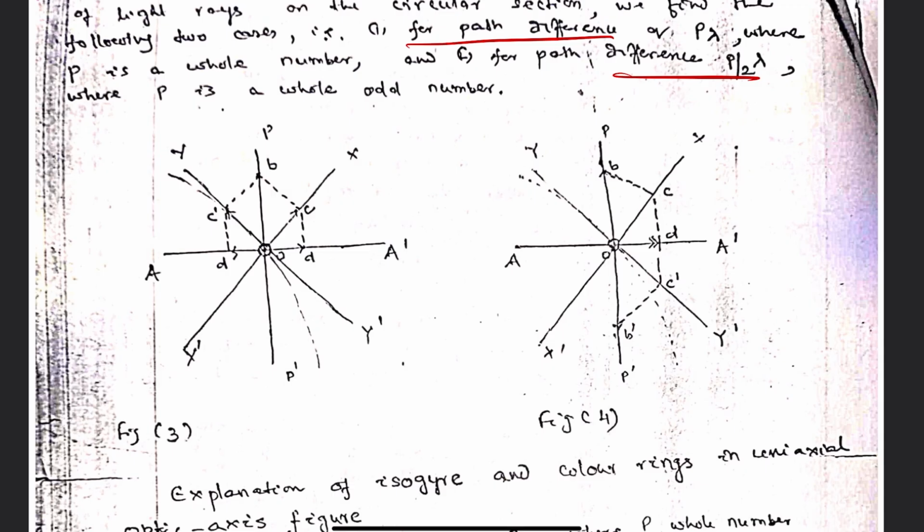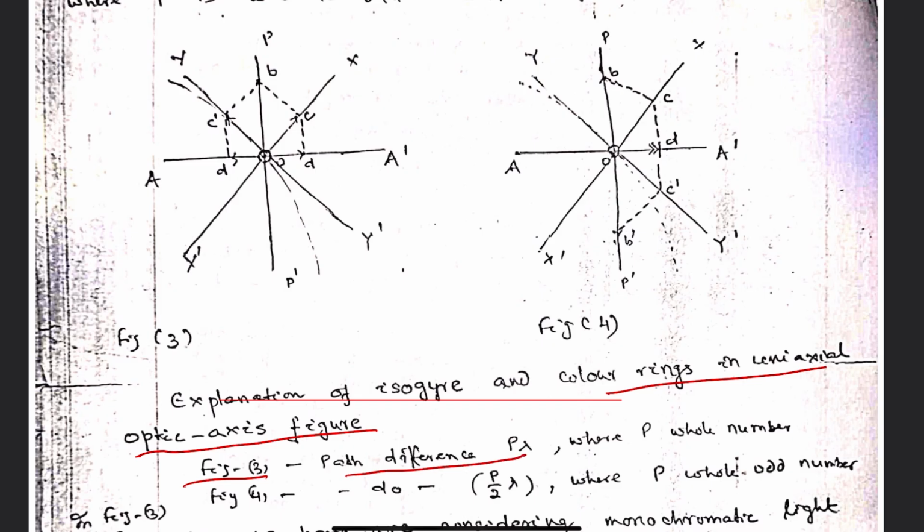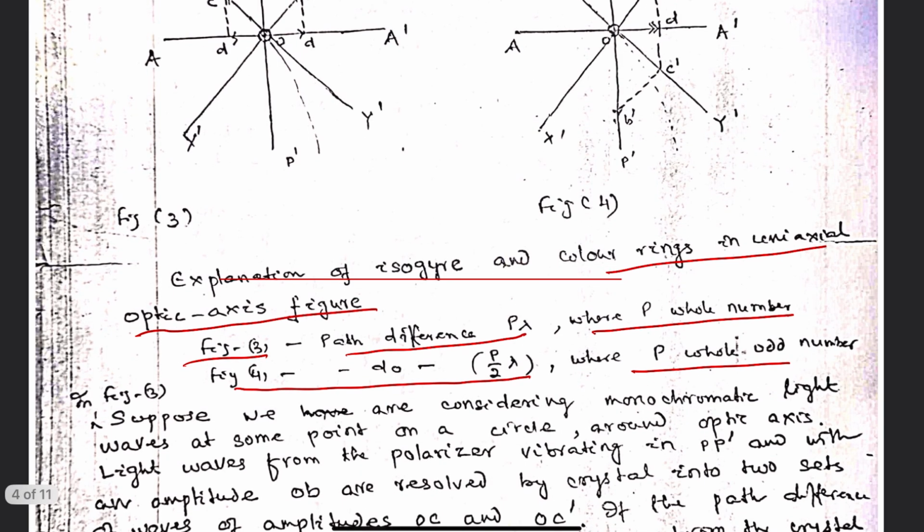Let us see figure 3: expansion of isogyre and the colorings in the uniaxial optic axis figure. In figure 3, the path difference is n or p lambda, where p is a whole number. And in figure 4, the path difference is p by 2 lambda, where p is a whole odd number.